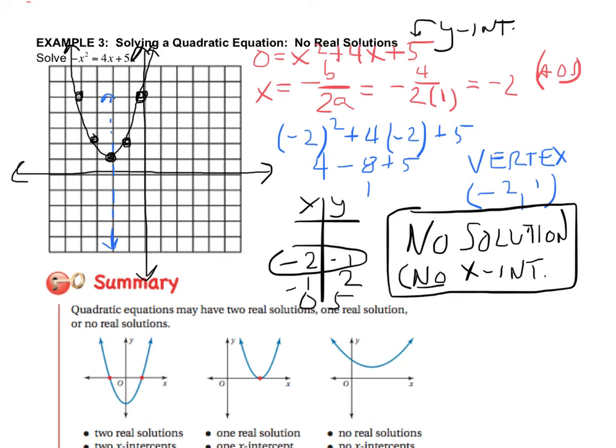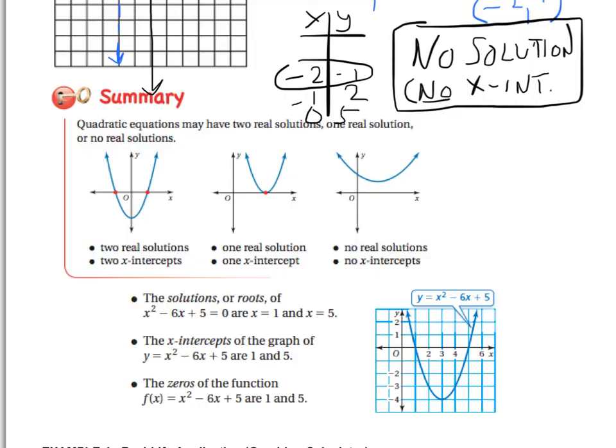So anytime you draw a graph, you are looking for your x-intercepts, which are our solutions. Those are also going to be either one point, which we saw in example 2. There are going to be 2 points sometimes, which was example 1, and in this case it does not cross. So when that happens, then we say that there are no solutions. And I think just to summarize everything that we've talked about, this is kind of a good picture. These are the examples that we just did.